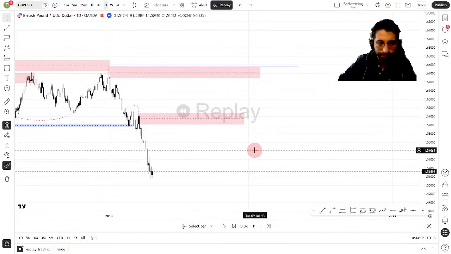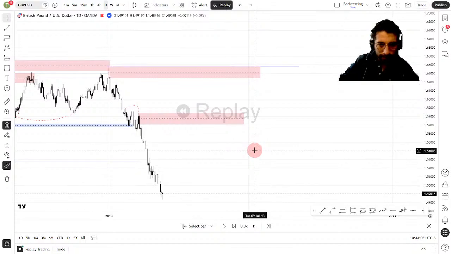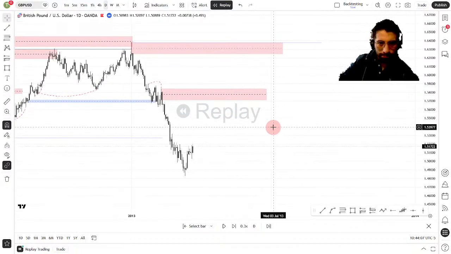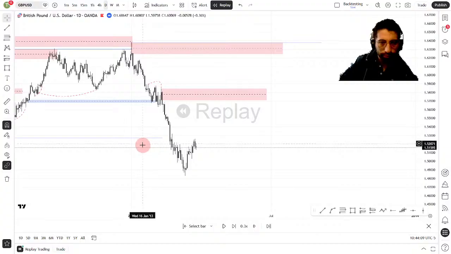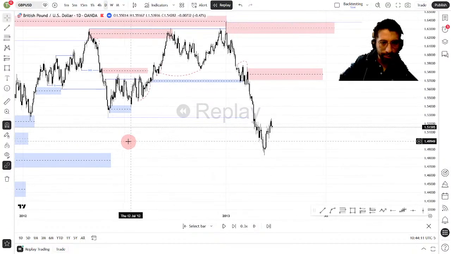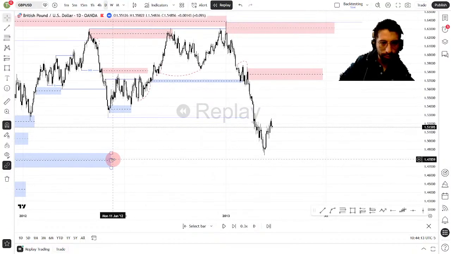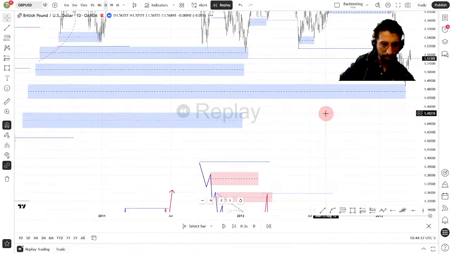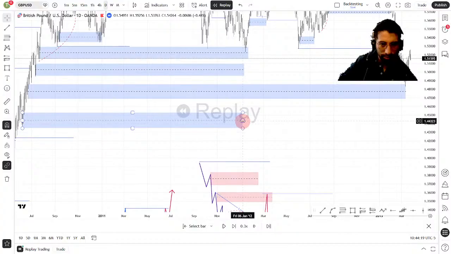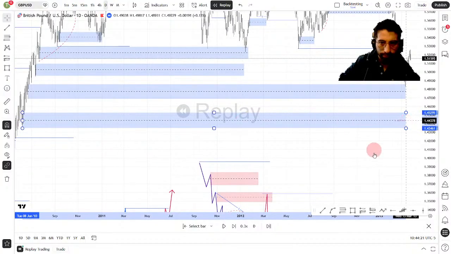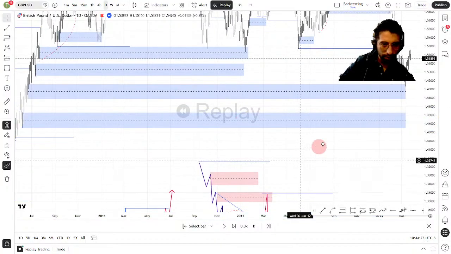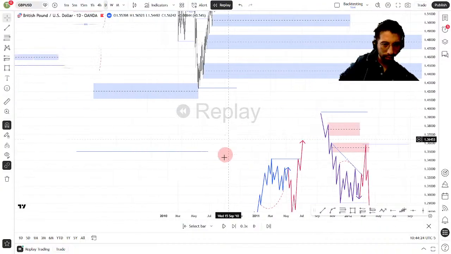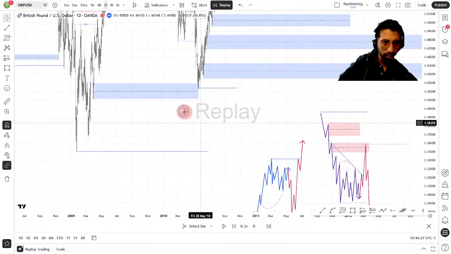Let's continue. Do we have reference points? Yes, we do, sorry. So look, the price reaction on this unmitigated order block. Here is another unmitigated order block right here. And I think there is another one. There are plenty of non-mitigated order blocks.